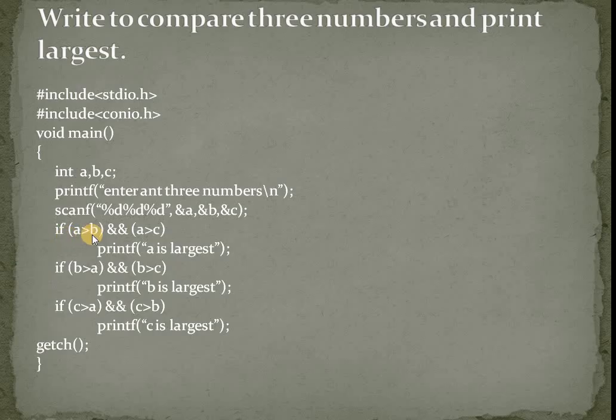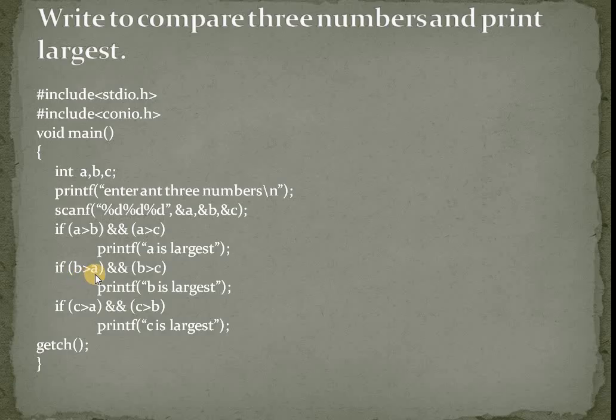If A is greater than B and A is greater than C, if both these conditions are true, it means A is largest. If this is true, directly the control will come to getch and the end of the program. If this condition is false, it will come over here.